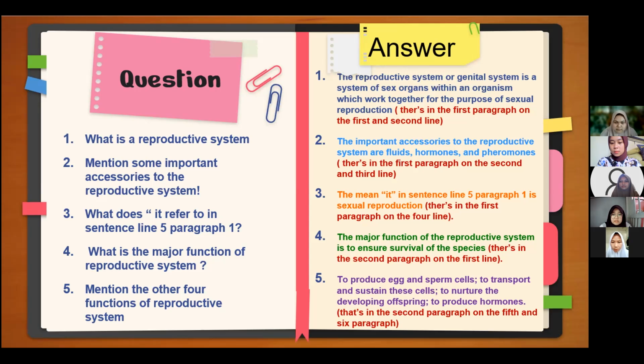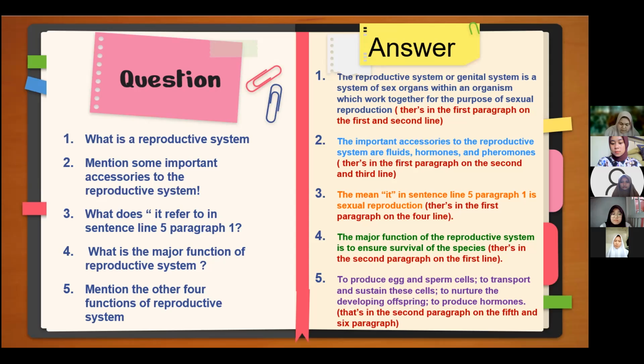That's in the first paragraph on the fourth line. Number 4. What is the major function of the reproductive system? The major function of the reproductive system is to ensure survival of the species. That's in the second paragraph on the first line.